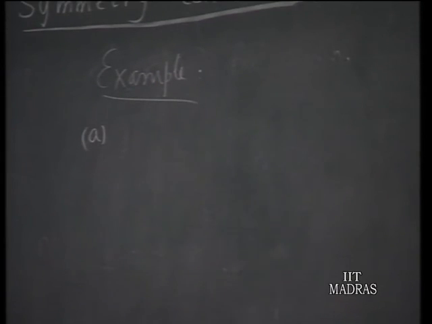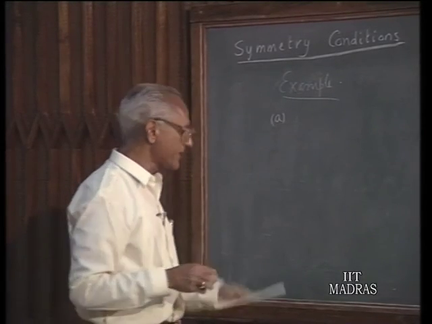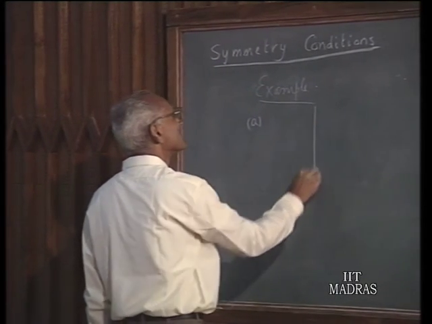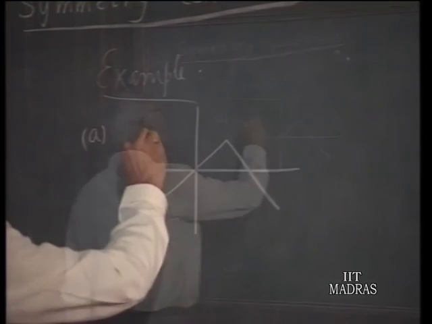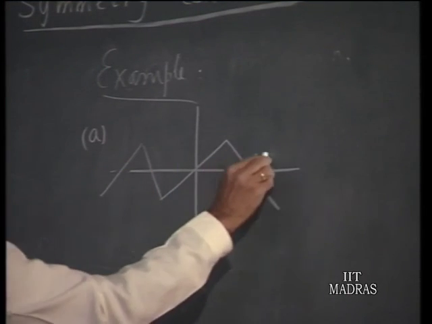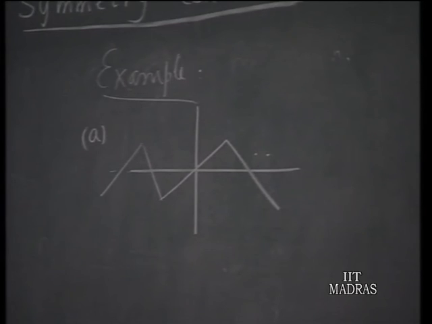Put down some waveforms and let us find out first of all what kind of harmonic components are present, making use of the various symmetry conditions that we have discussed. Suppose we have this kind of waveform.